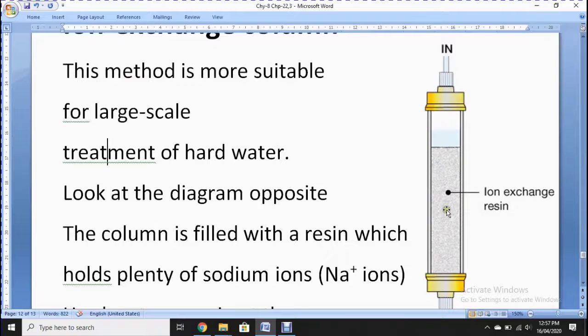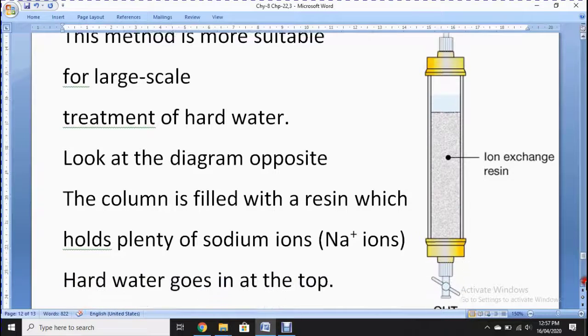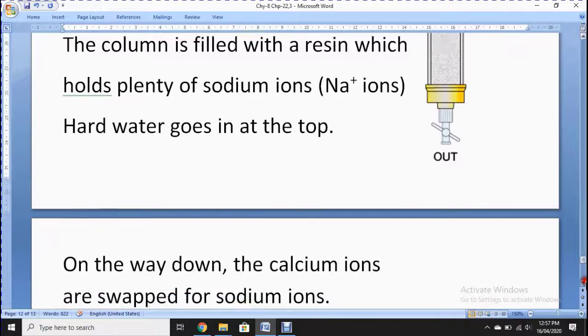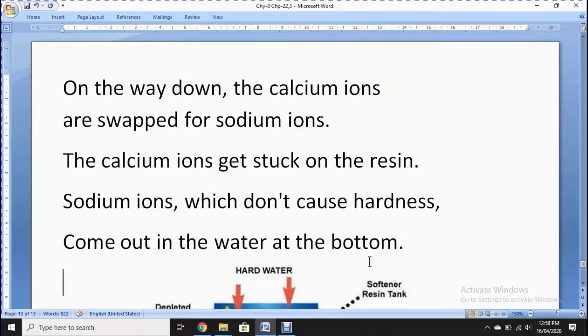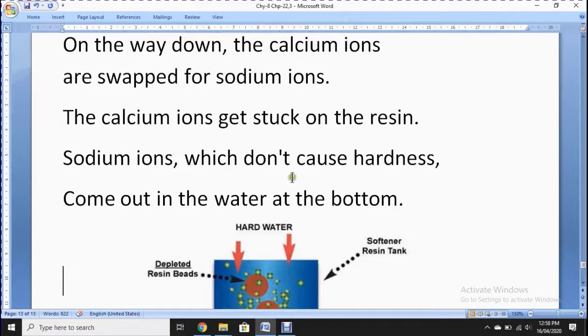After that it moves through the resin and starts to move down. On the way down, the calcium ions are swapped for sodium ions. Then the calcium ions get stuck on the resin. Sodium ions don't cause any type of hardness for the water, so they come out in the water at the bottom.